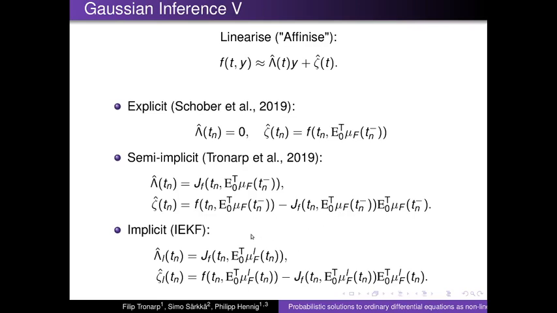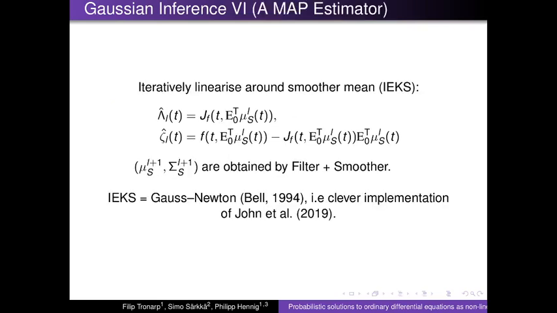And we can of course iteratively recompute these parameters and run the update again. And if we do this to convergence, we get the iterated extended Kalman filter, which looks like this. And this one is implicit because it's essentially just a Gauss-Newton method for solving this local MAP problem. Another class is to consider iteratively relinearizing around the smoothing mean.